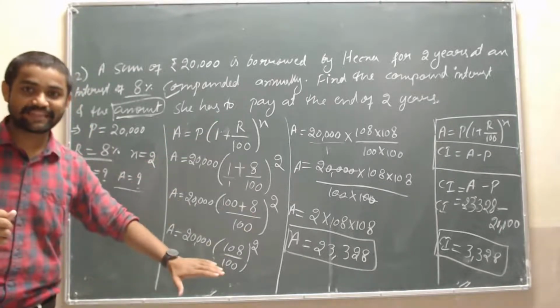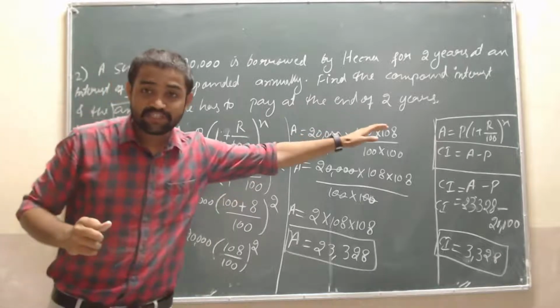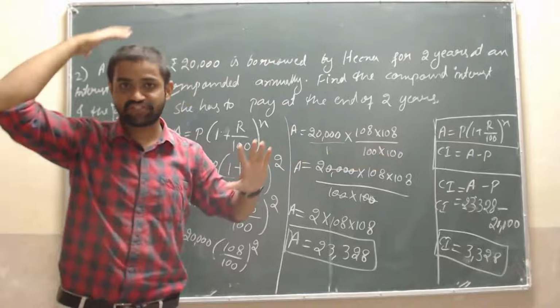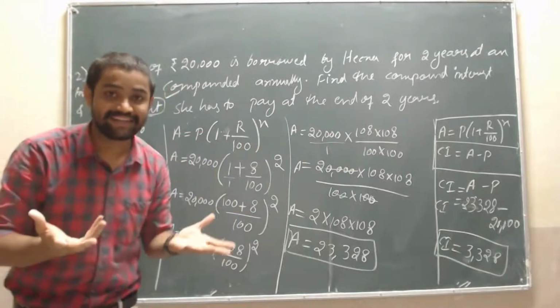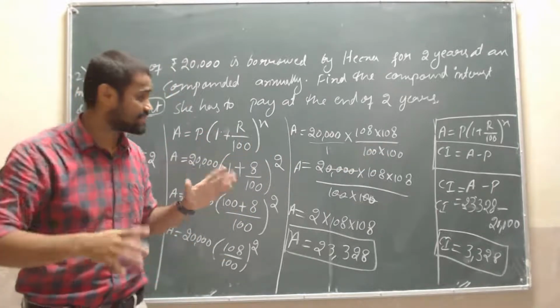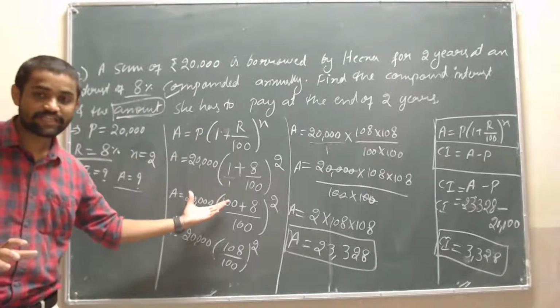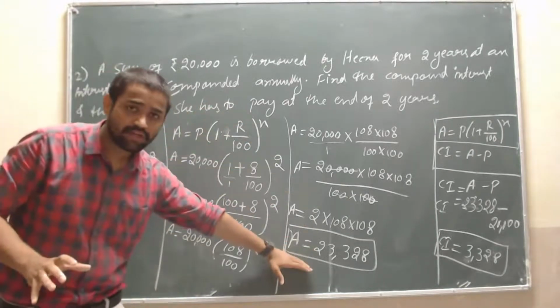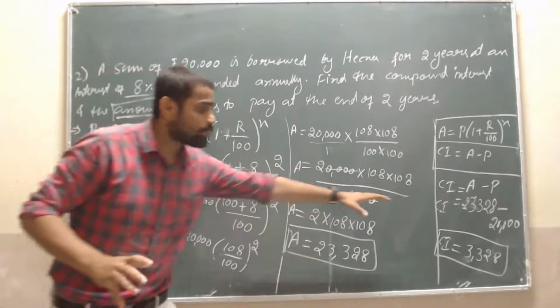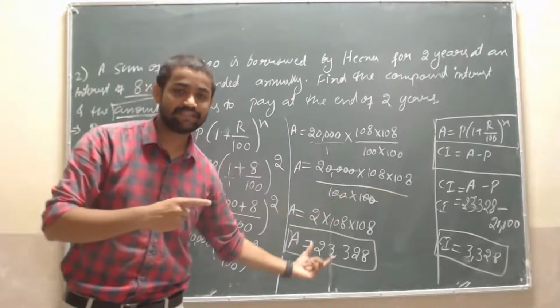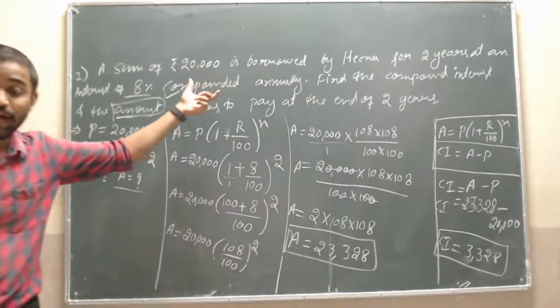This is the second method, applying the first formula and, as usual, the second formula. Sir, first simple interest find out. That is so lengthy a process. Is it a simple process? Sir, apply the formula and substitute all the values here, and then we will get the amount. And so the compound interest formula is A minus P. A amount is this one and P amount is the given amount.